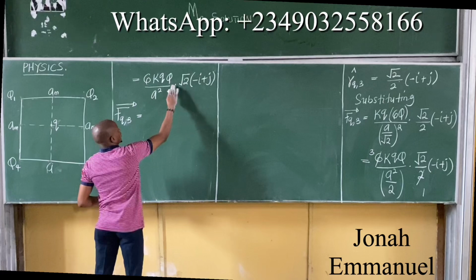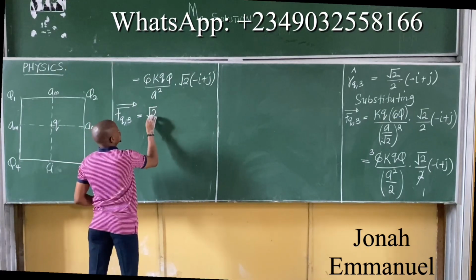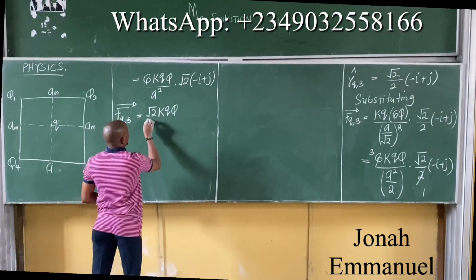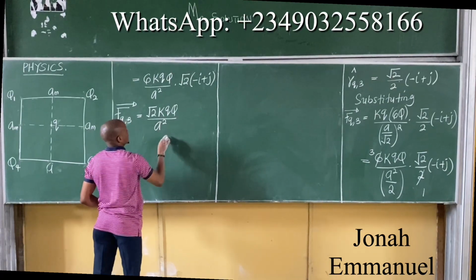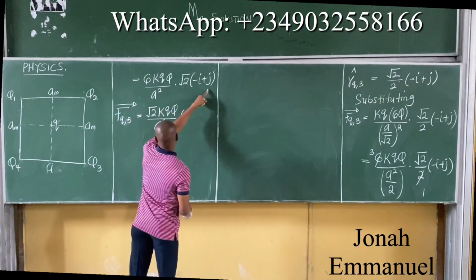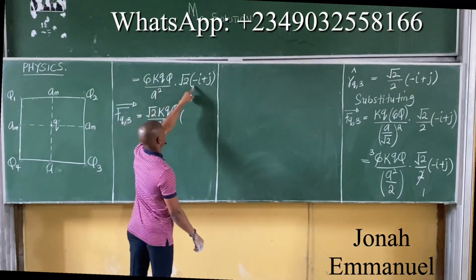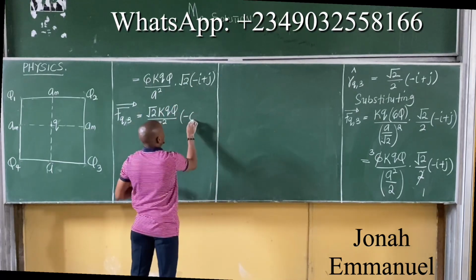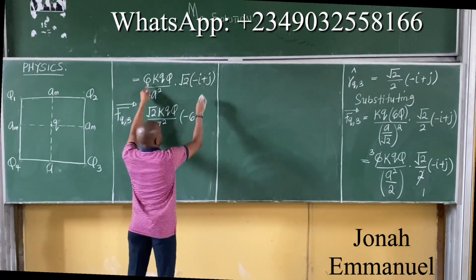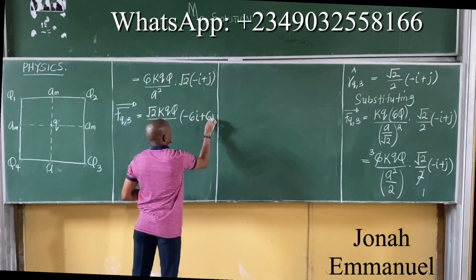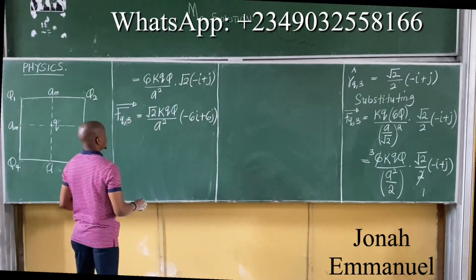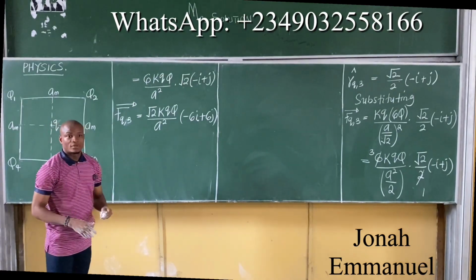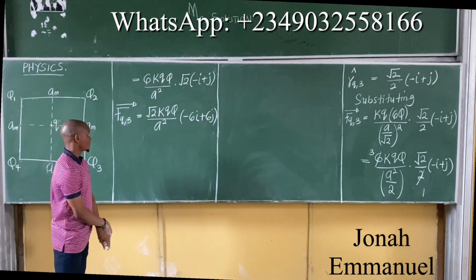That now becomes root 2 KQQ all over A squared into 6 goes this way. 6 comes here, so 6 into this gives you minus 6I and plus 6J. So I have this. So this becomes FQ3. Alright, let's get FQ4.